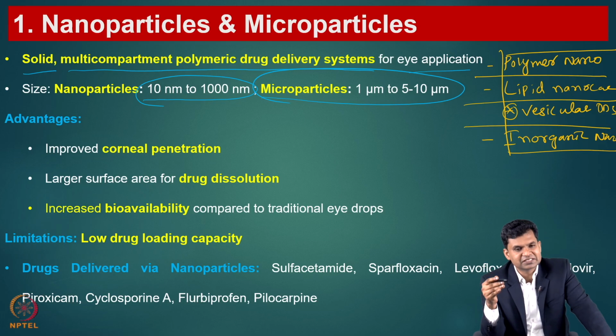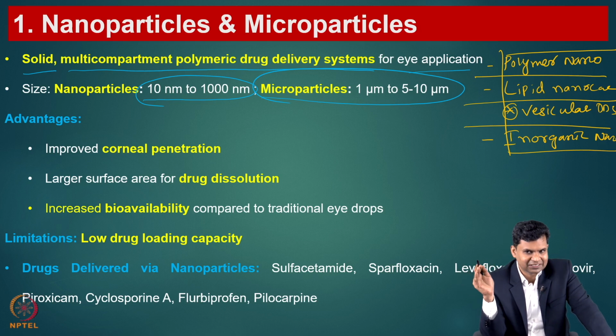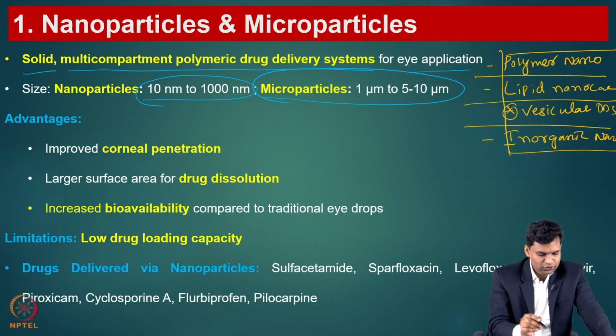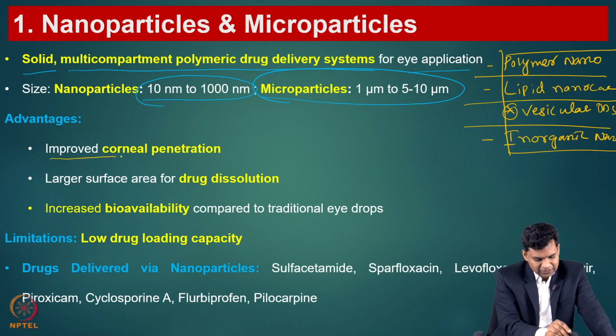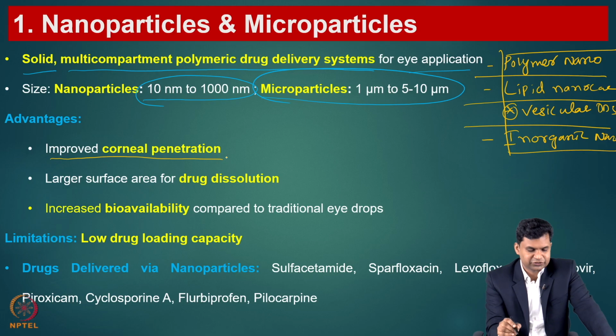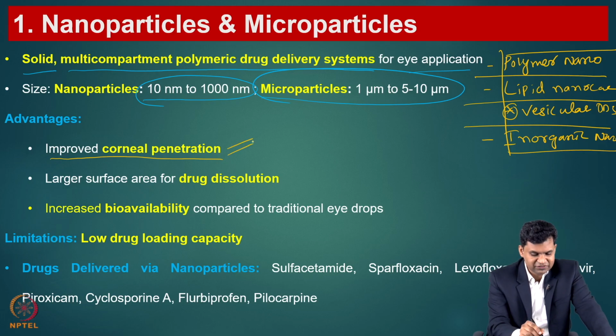There we have discussed advantages as well as limitations of all the carriers in each class: polymer, lipid, inorganic and vesicular drug delivery systems. So, the major advantage is the improved corneal penetration. Now, in our first class we discussed that barriers are one of the major challenges in ocular drug delivery.